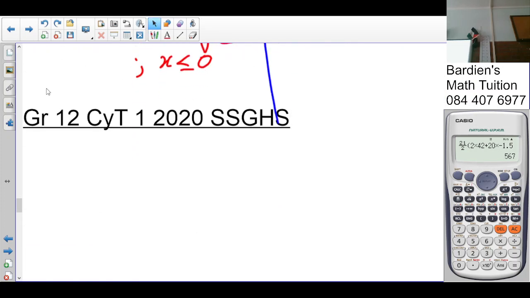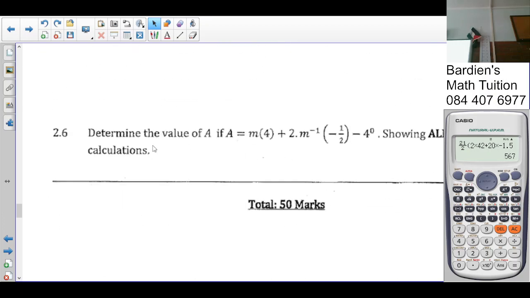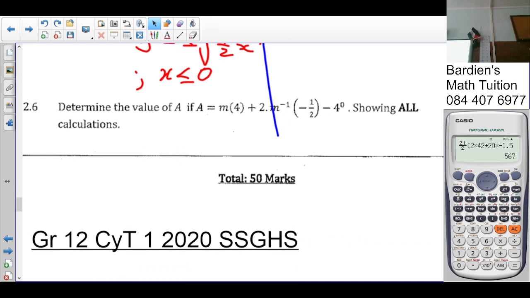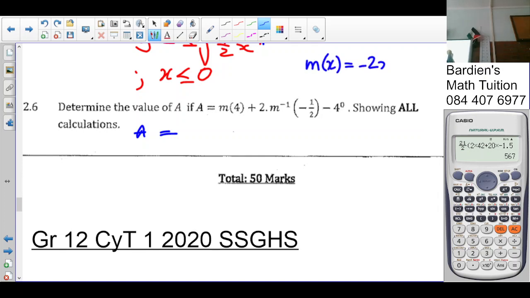And the last question here of the cycle test of 2020 was, determine the value of a if a is equal to m of 4. But remember, m of x was negative 2x squared.